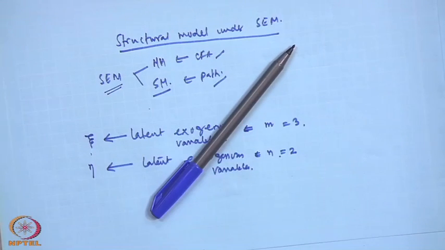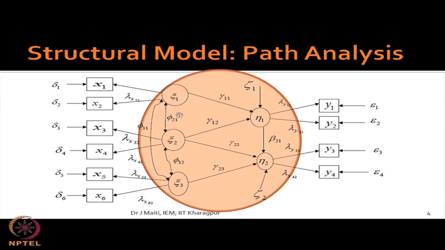Now see the structure again: these 3 latent exogenous variables affect 2 latent endogenous variables. These relationships are hypothesized, and you have found them through literature review or your own experience.